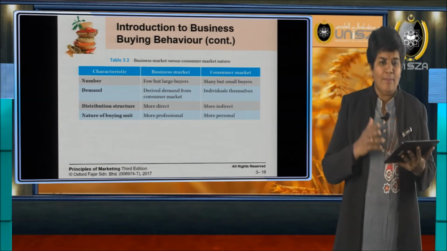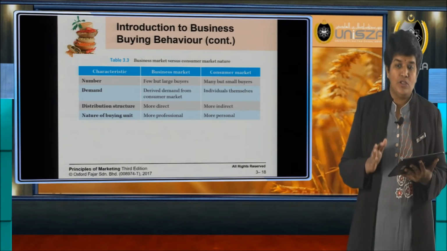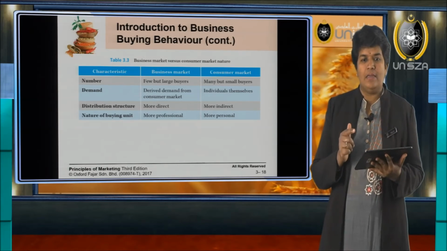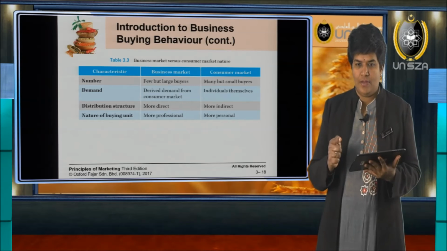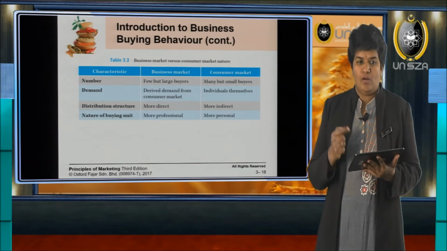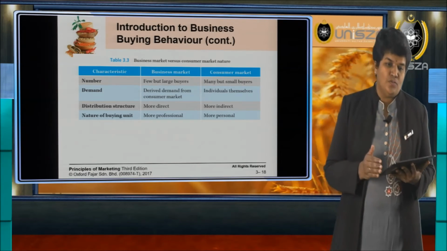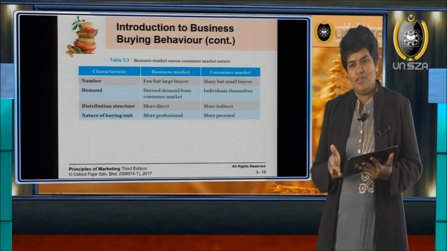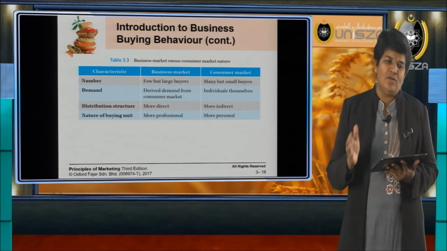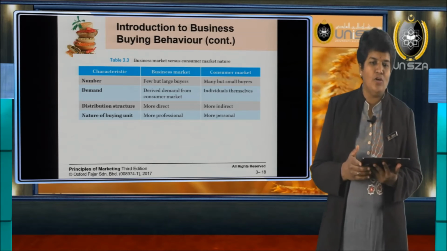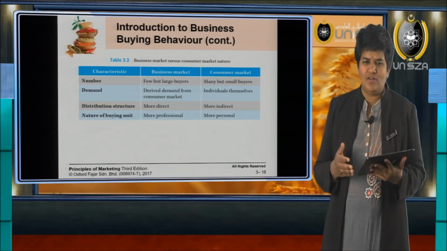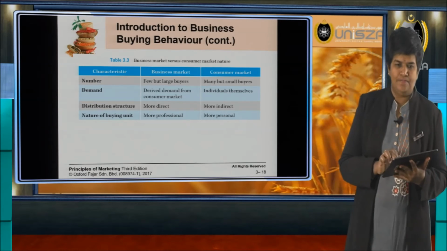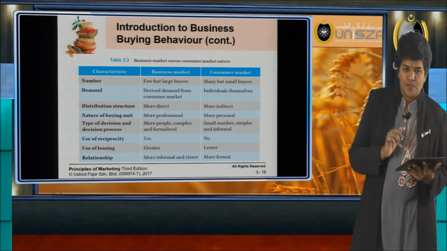Demand is derived demand from the consumer market for the business market, and for the consumer market it is the individual themselves. The demand is created by the consumer. When talking about distribution structure, it's more direct, and consumer is more indirect. And when looking into the nature of buying unit, the business market is more professional, and the consumer market side is more personal.